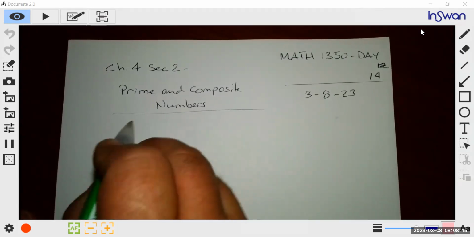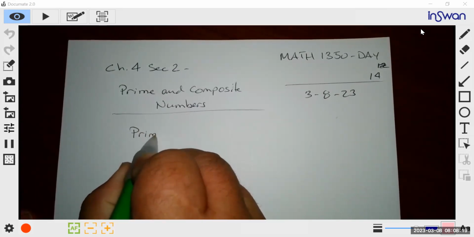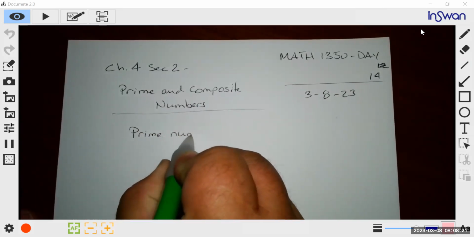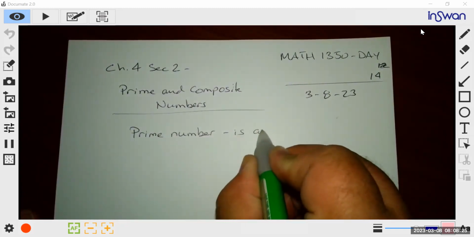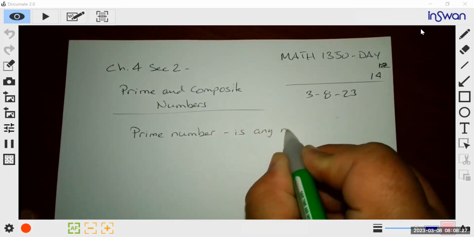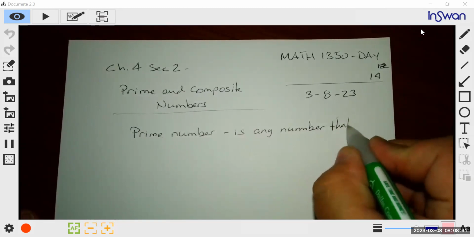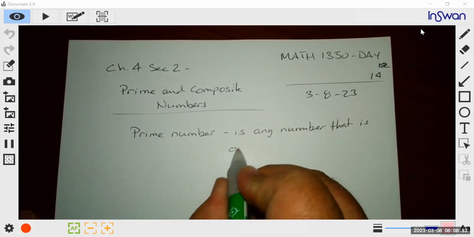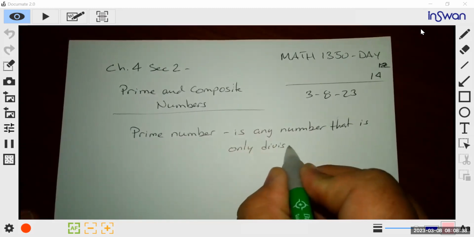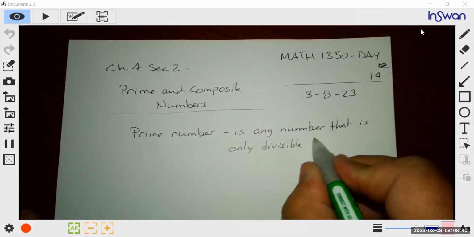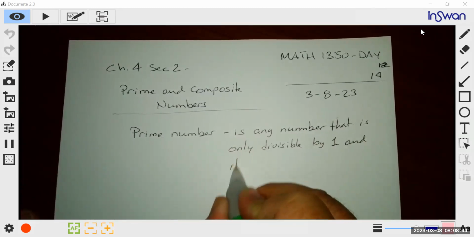Let's define those. So a prime number is any number that is only divisible by 1 and itself.